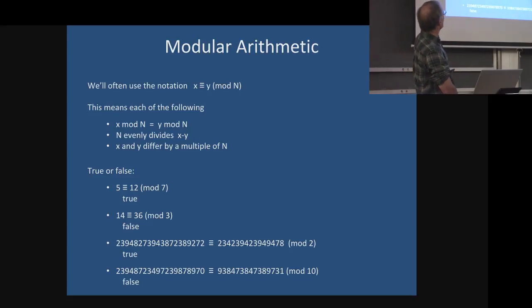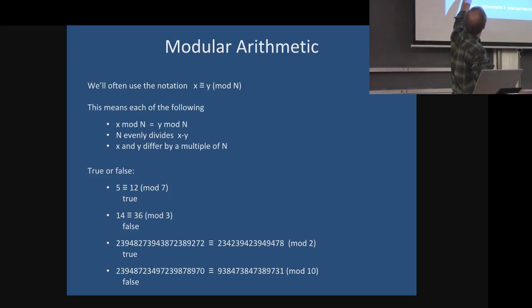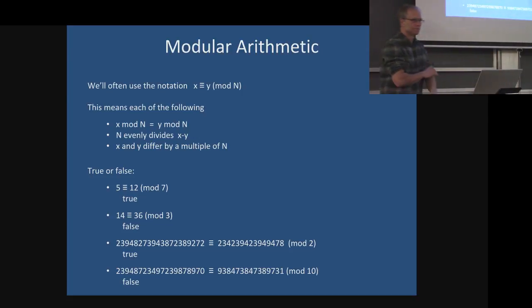If you take x mod n, you get the same thing as if you take y mod n. Sometimes we'll use mod as an operator, like right there. We might say, what's 7 mod 2? The answer is 1. Other times we'll have the mod off to the right in parentheses, and we're just saying we're doing all this work mod 7.